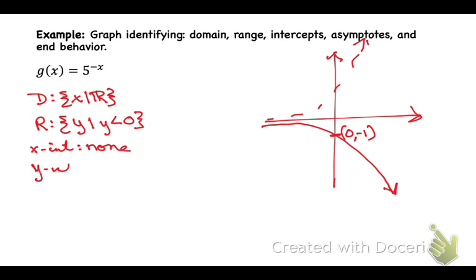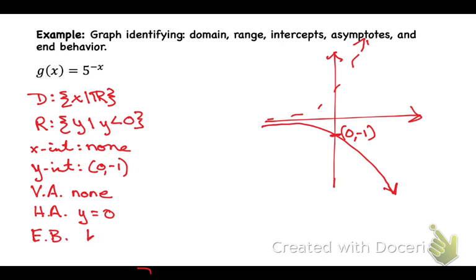Y-intercept? 0, negative 1. Vertical asymptote? None. Horizontal asymptote? Y equals 0. And end behavior. And why did it go down? Because of the negative exponent, right?